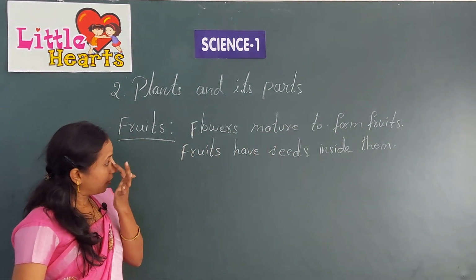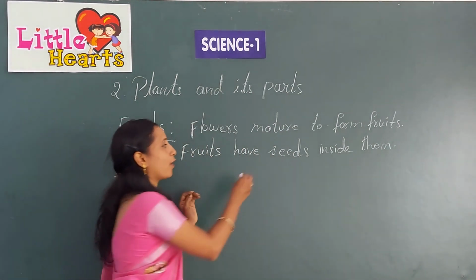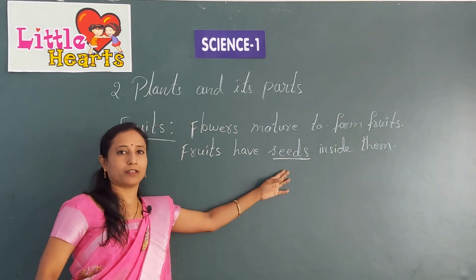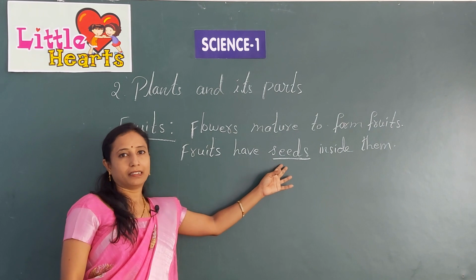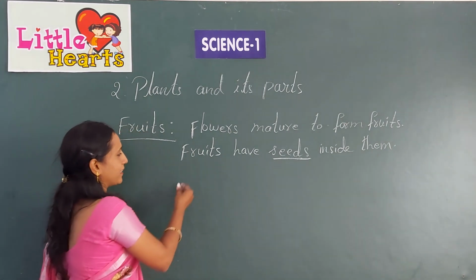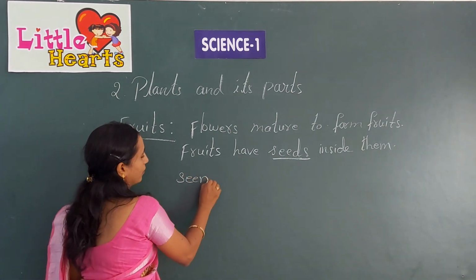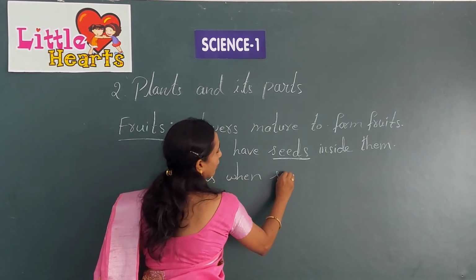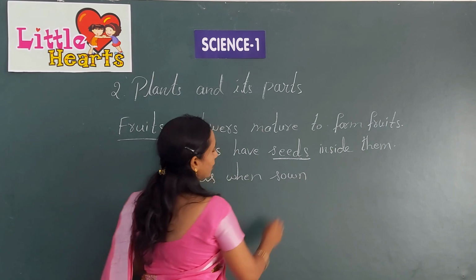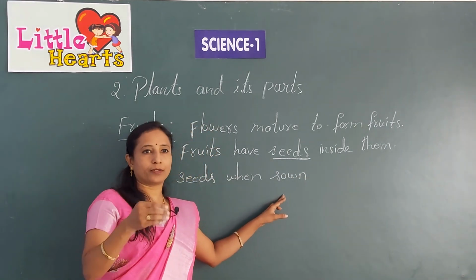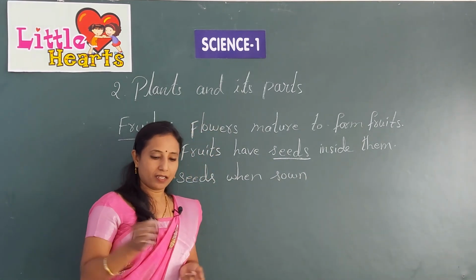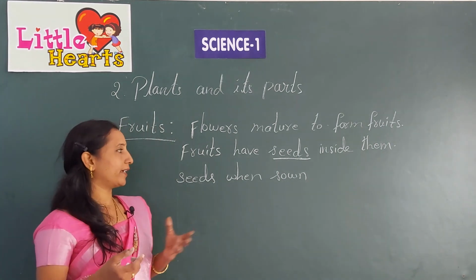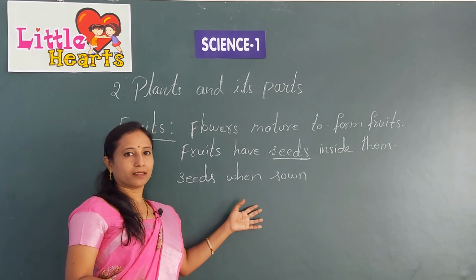So what is the use of these seeds? Is there any use of these seeds to us or for our next generations? Yes. So these seeds, when they are sown, what is the meaning of sown? Sowing the seed into the soil. If you dig the soil and put a seed inside, cover it with mud, pour some water, after 2 or 3 days or 1 week, what can you see?